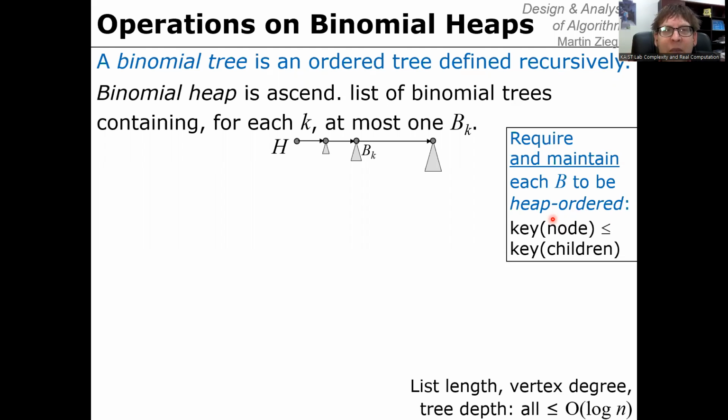And a binomial heap is a list of binomial trees, distinct binomial trees of distinct orders. So every binomial tree order can occur at most once. And these binomial trees are in that list in strictly increasing order. Now, which operations are supported by binomial heaps?